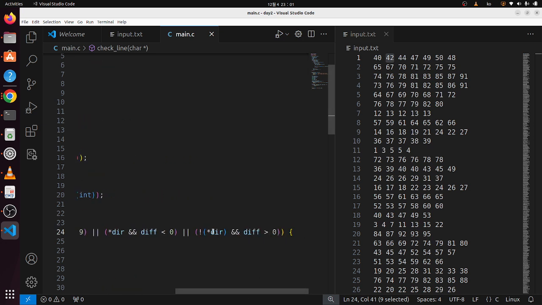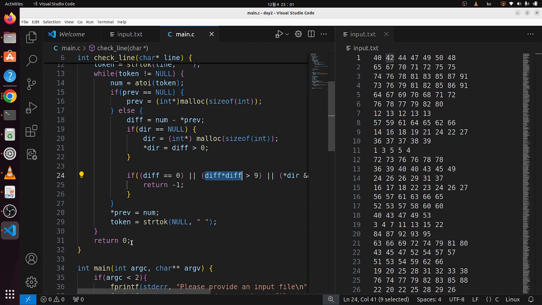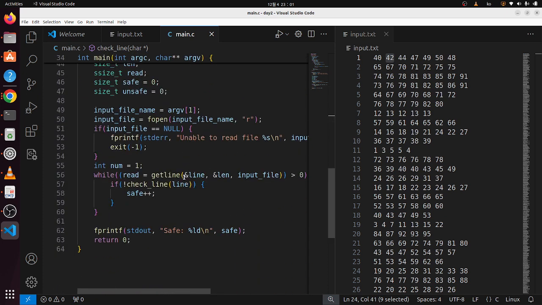Or if the direction was previously decreasing and now we have a positive difference, that also doesn't agree. If any of this is true, we return -1, showing that the report is not safe. Otherwise, after going through the whole report, we return 0, showing that the report is safe.